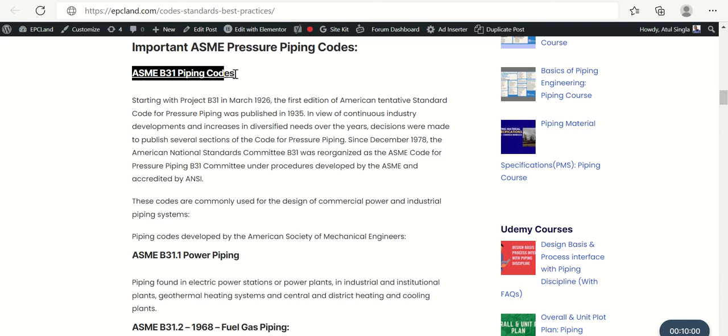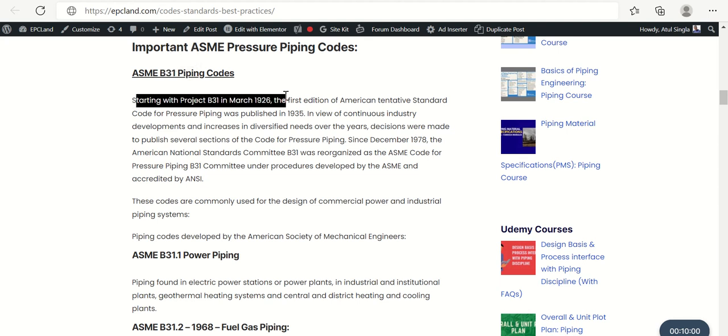If you talk about ASME B31 series, right, it is a series of piping codes. So it can be B31.1, it can be B31.2, B31.3. So these kind of codes are there. If you look at its history, this was started on March 26, 1926, right?